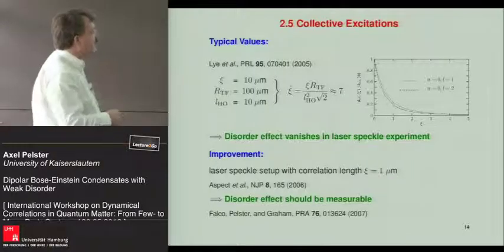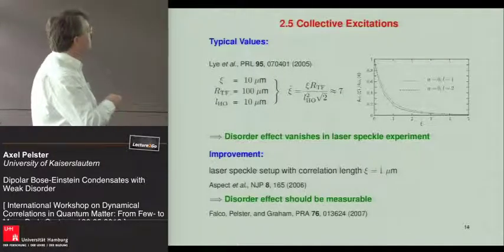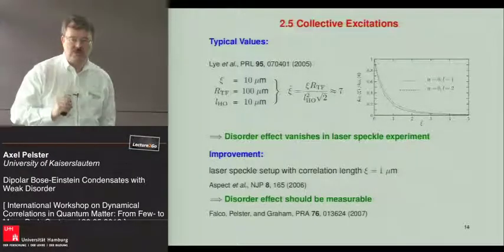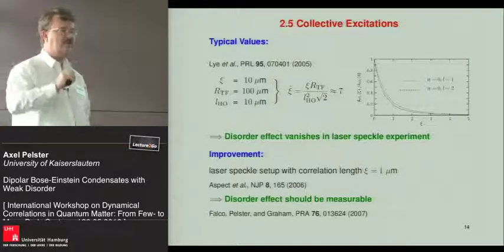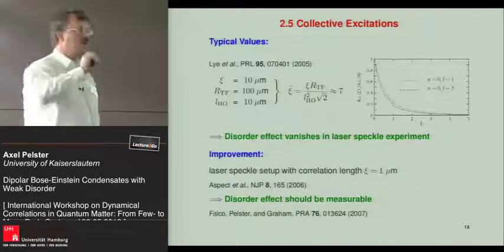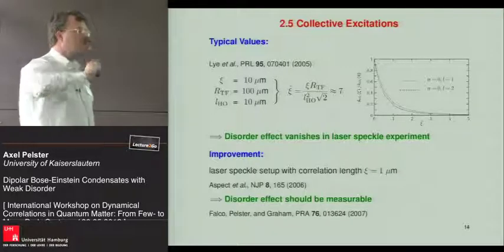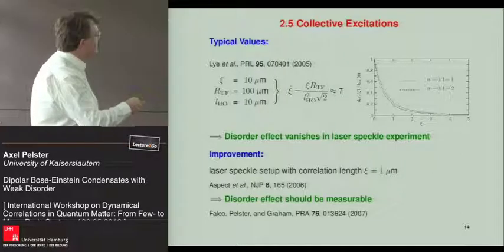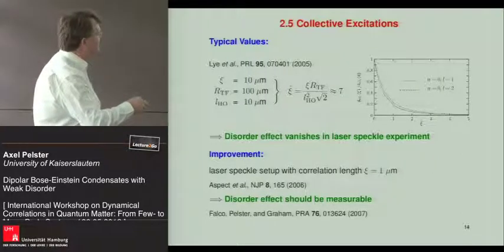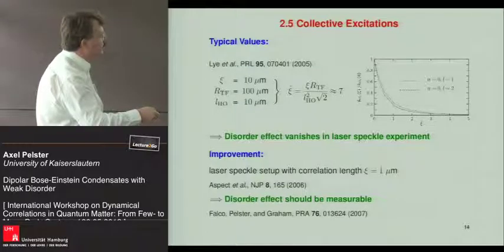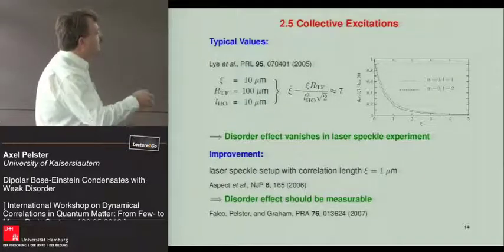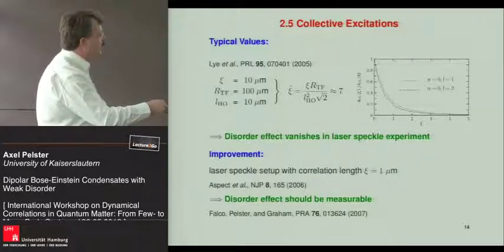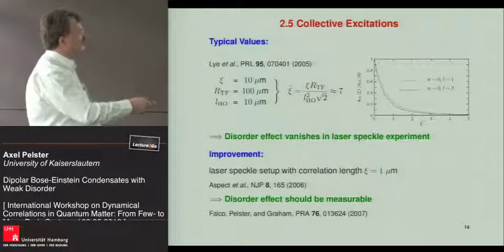And this is, from our point of view, the explanation why in these old experiments from Inguscio, no disorder effect on the collective excitation frequencies was seen, although the disorder was switched on quite dramatically. Because in the experiment it turns out that this effective dimensionless correlation length is 7, so they were operating here roughly. So all effects were already gone, decreased to 0, irrespective of the strength of the disorder.